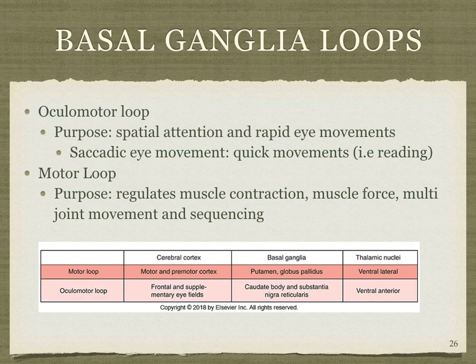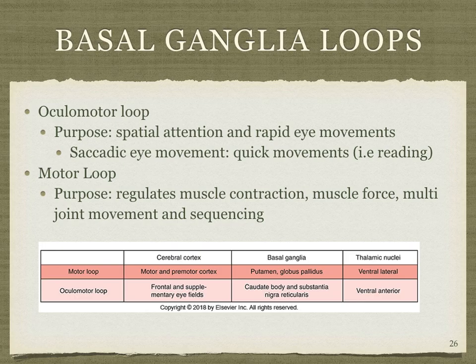And then within our motor loop, this is basically regulating the force of our muscle, how multiple joints are interacting to perform that motor movement, and regulating the sequencing and the contraction towards that. So obviously within our cerebral cortex, we're going to have our premotor and our primary motor cortexes involved, and our precentral gyrus.